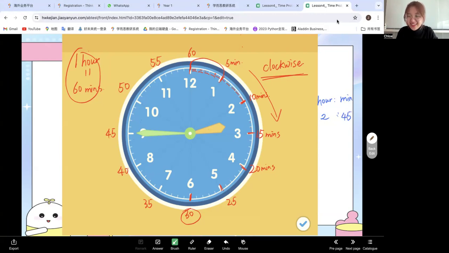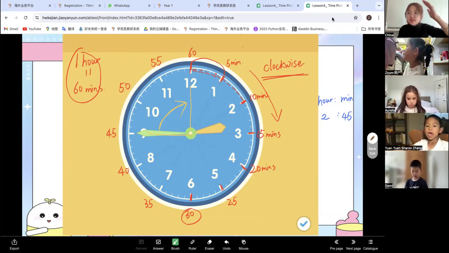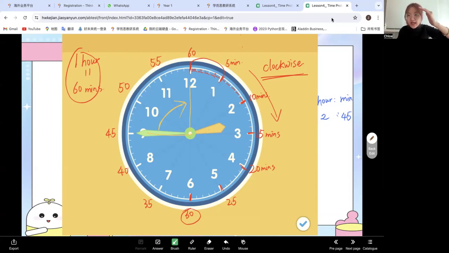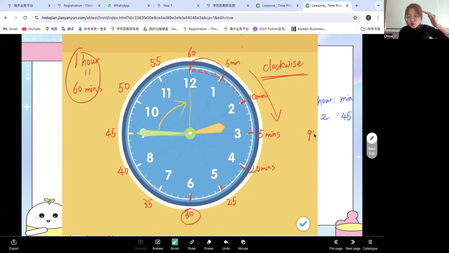Now, everyone, listen carefully. From 9 to 12, it's another quarter on the clock. Is it a quarter? Yes or no? Yes, it's a quarter. If we continue to travel another quarter, that will be quarter to the next hour, everyone.